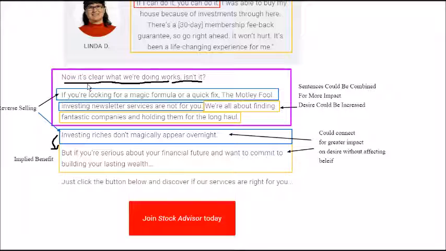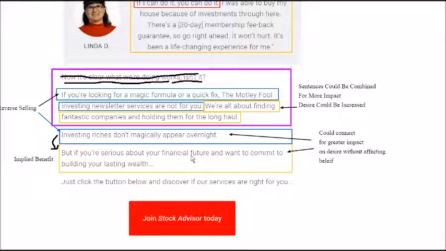Anyway, so I would eliminate this, and then all of this I would change to, now, even though what we do clearly works, it's still not a magic formula. Those don't exist. Instead, we find fantastic companies and hold them for the long haul in order to safely build up returns which, over time, add up to quite a large gain.